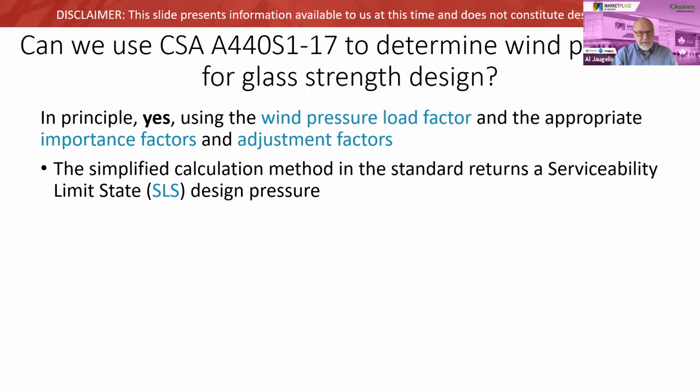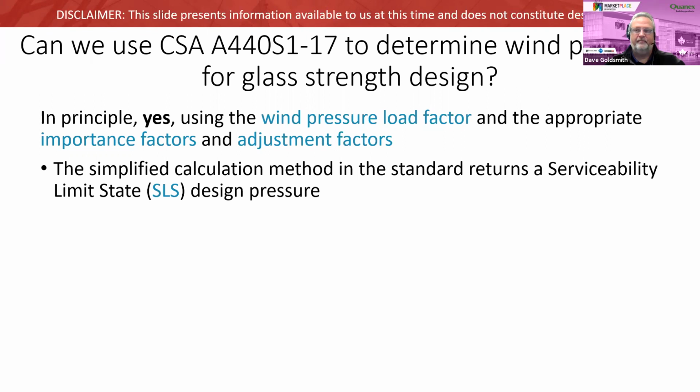So we can use the values from the Canadian supplement, the design wind pressure that we get for selecting a performance grade. We can use that as a starting point for calculations if we understand what else has to be done to that number. And the calculations that are done for designing the wind load resistance of a framing system, Dave, this is what's called serviceability limit states design, right?